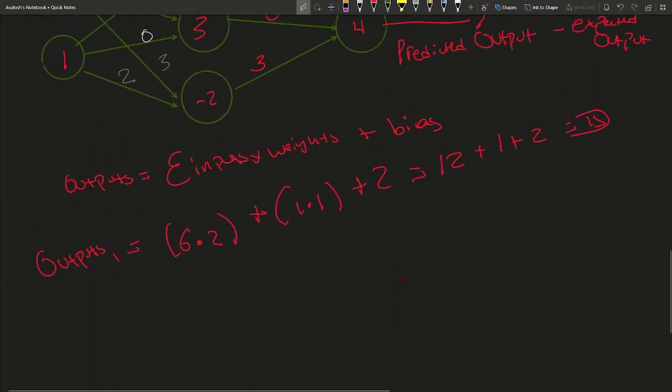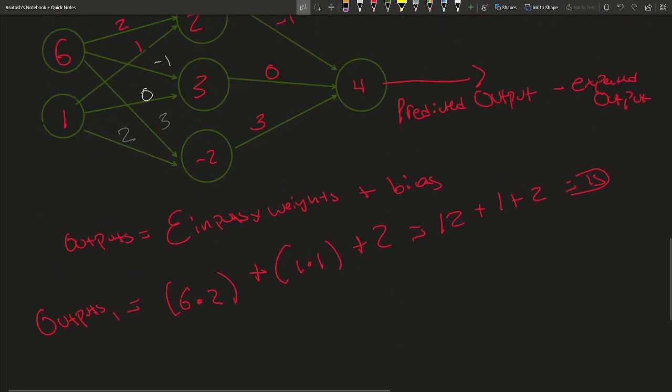And for our outputs 2, we can do the same thing, but let's just do it in our head this time. We have 6 times -1, -6, plus 1 times 0, which is 0. So -6 plus 3, that's going to be a 3. So this output's a 3.